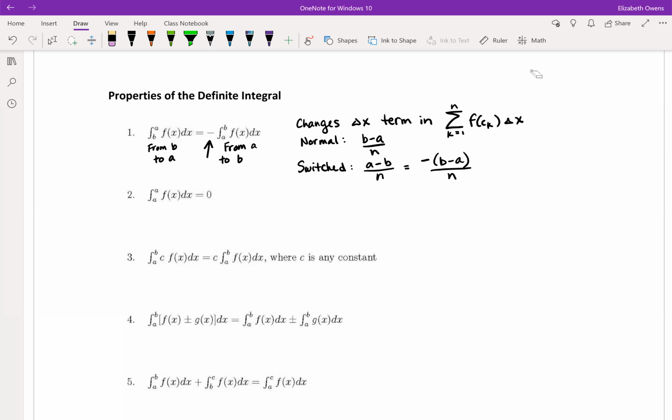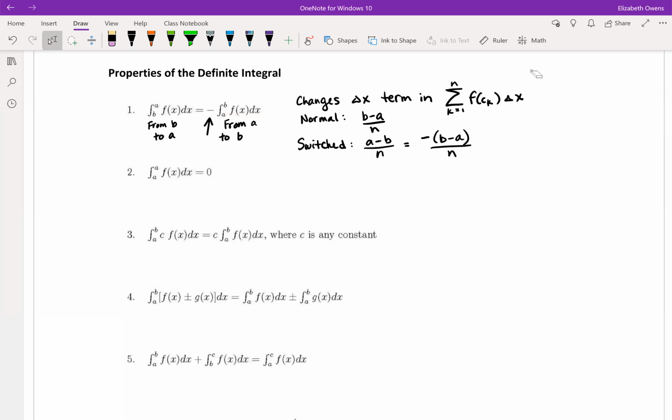That's our first property. As a quick example, the integral from 4 to 1 of x squared dx would be the negative of the integral from 1 to 4 of x squared dx. That's how this type of property works.